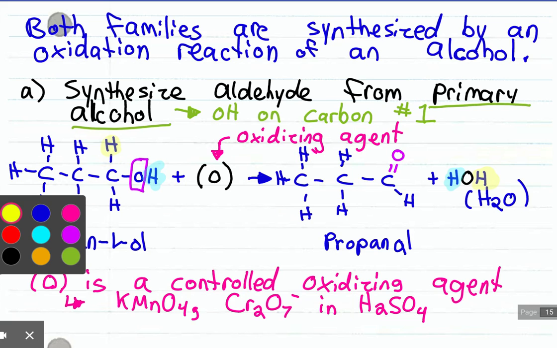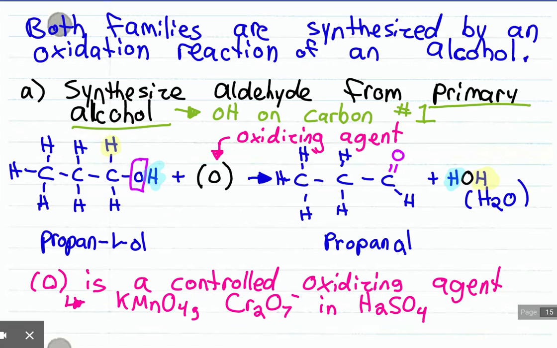Doesn't really matter because there's rotation on that carbon, if you remember that. All right. So we make an aldehyde from an oxidation reaction of an alcohol. Now, notice it's not a catalyst here because this oxidizing agent is directly involved in the creation of water.